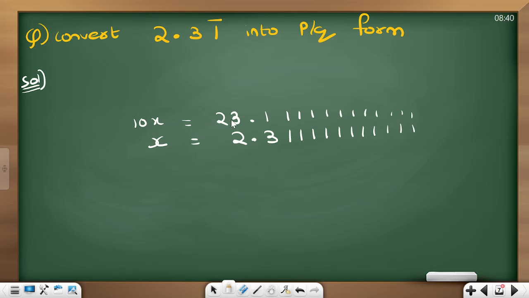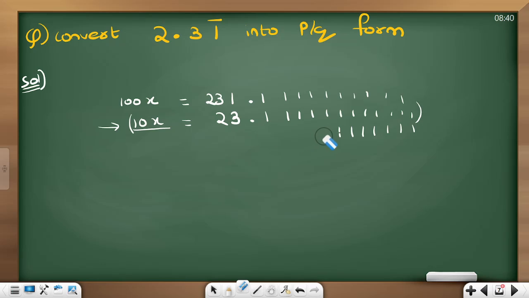So if my decimal part has to be cancelled, this 10x I am going to multiply again with another 10, then it is going to become 100x equal to 231.11111.